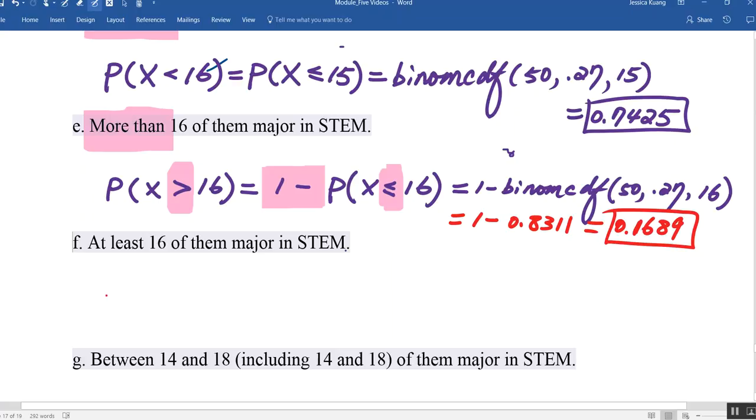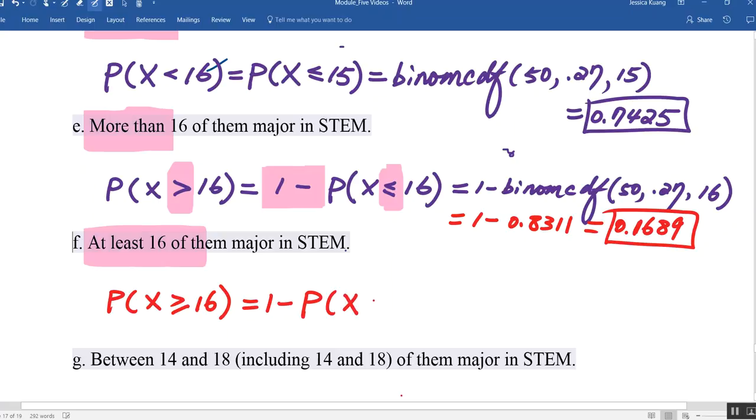Okay, next question. Let's calculate the probability of at least 16. So that will be the probability of x greater than or equal to 16. Once again, we're going to use the complement to convert this inequality. So we will have 1 minus the probability of x strictly less than 16.